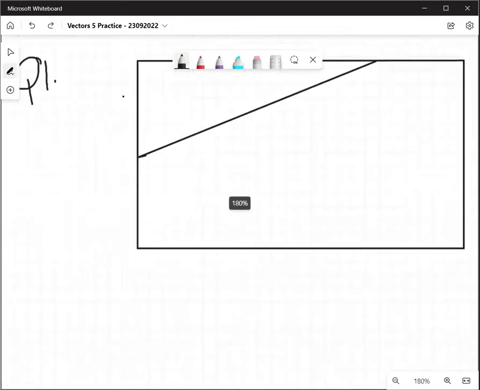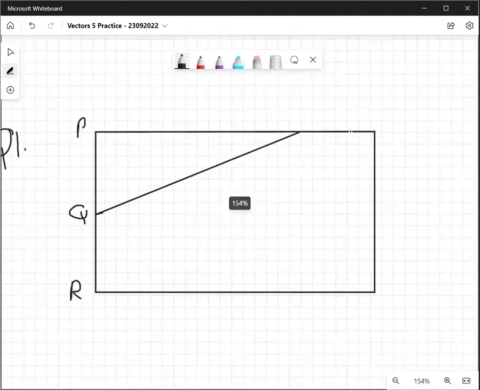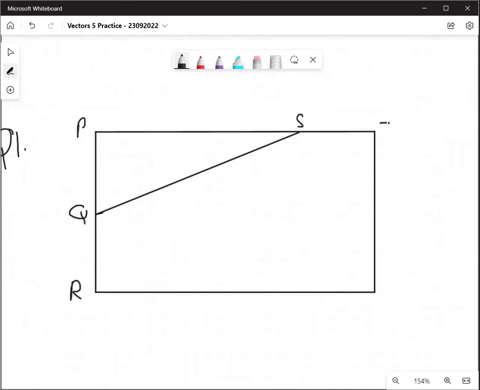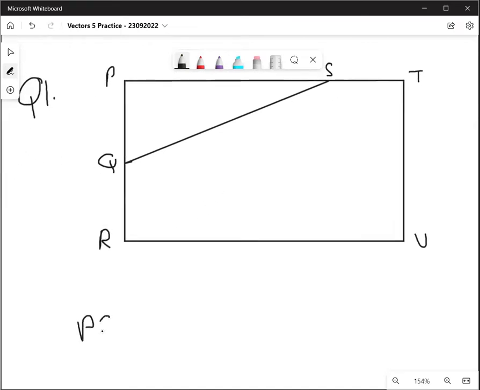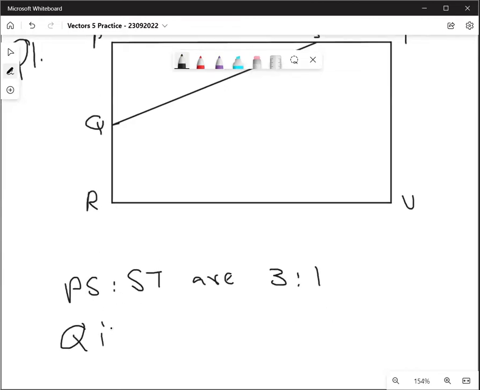This right here is P, Q, R, S, T, U. I'll just tell you that PS and ST are in the ratio 3:1, and Q is the midpoint of RP.